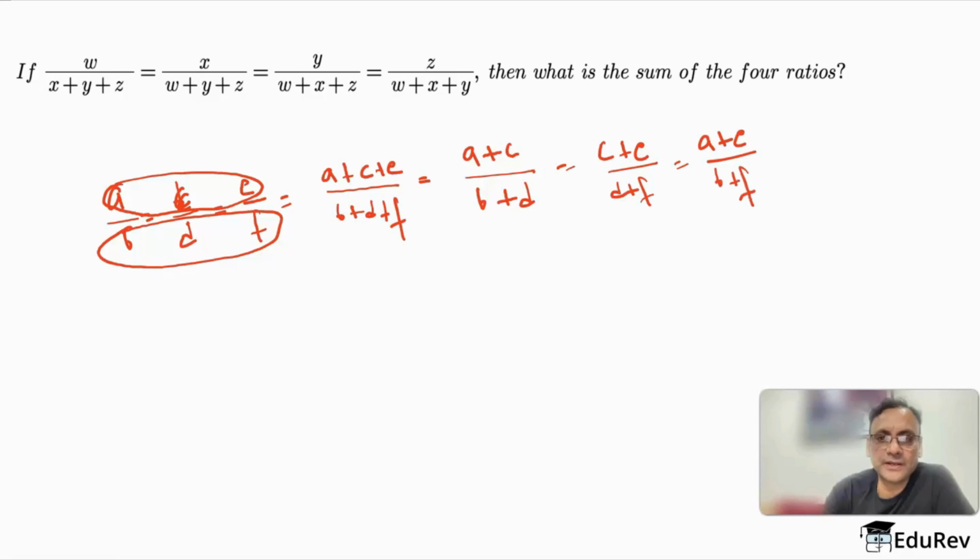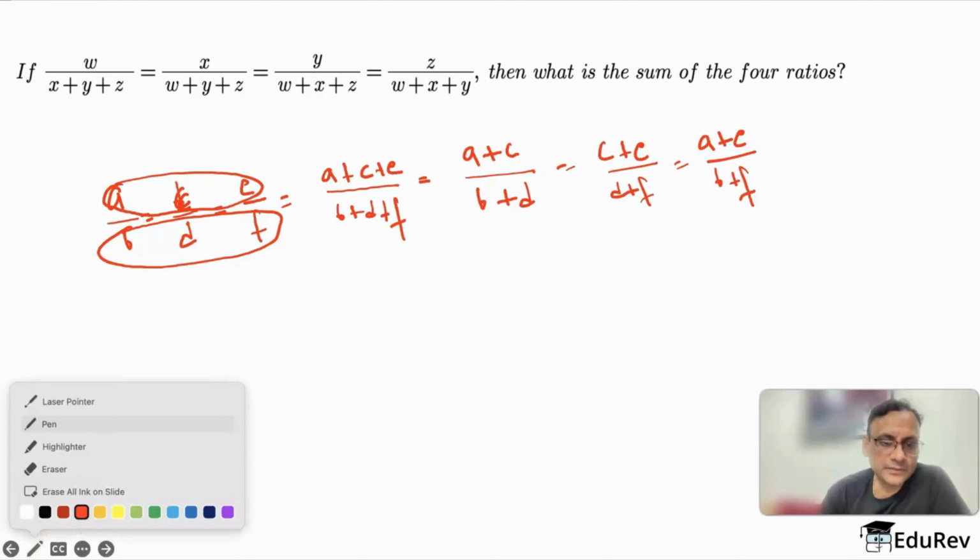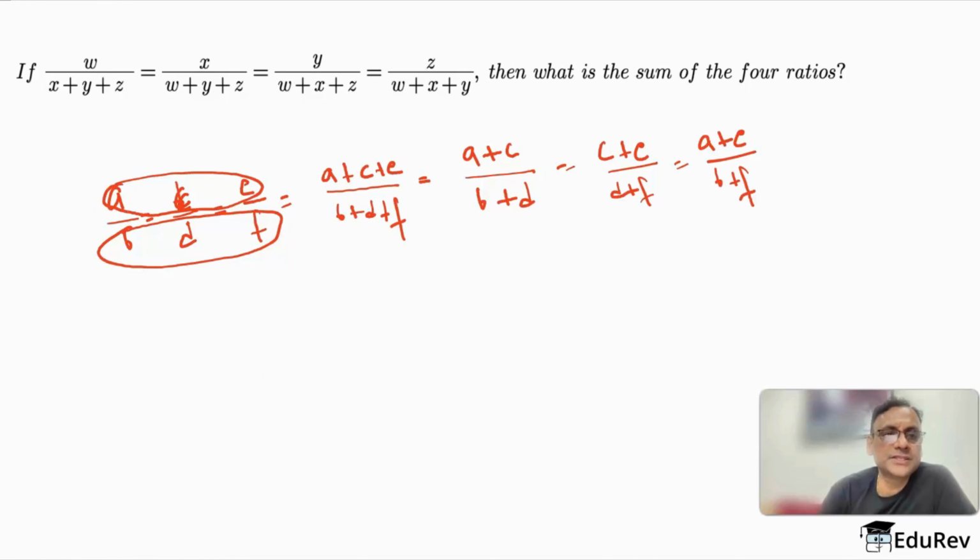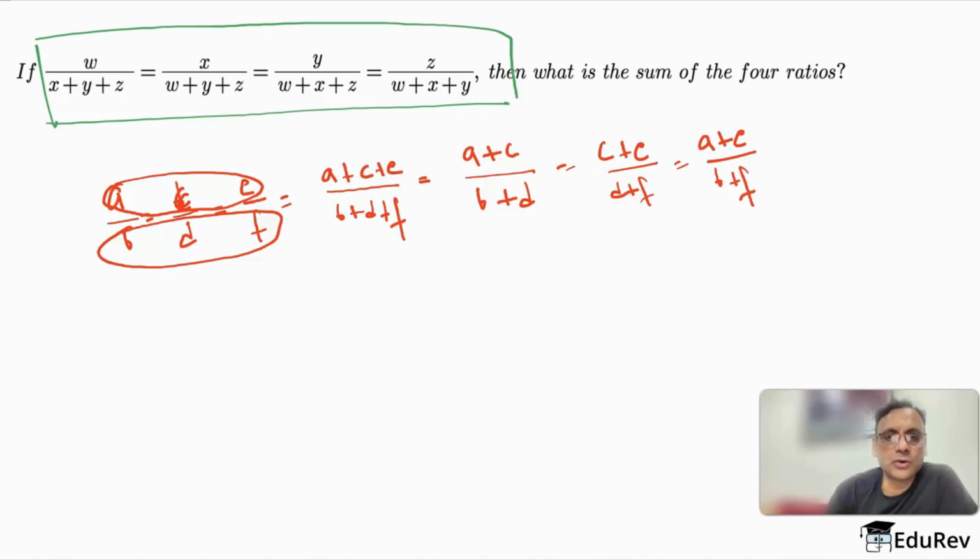All this is fine. So using the same property, what we have been given here, let's just add all the numerators and all the denominators. So on the numerator side, you'll get w plus x plus y plus z. And on the denominator side, you will see that you will get 3 w's, 3x, 3y, and 3z.